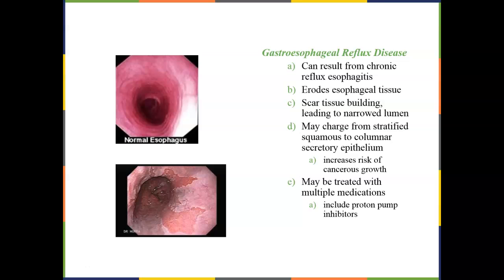So treatment for this would be a lot of the things that you did for the gastric reflux, but they would also give you some type of a proton pump inhibitor that decreases the amount of hydrochloric acid produced in the stomach, so that you don't have so much acid all the time.